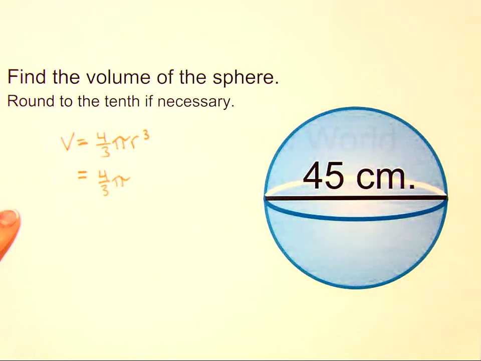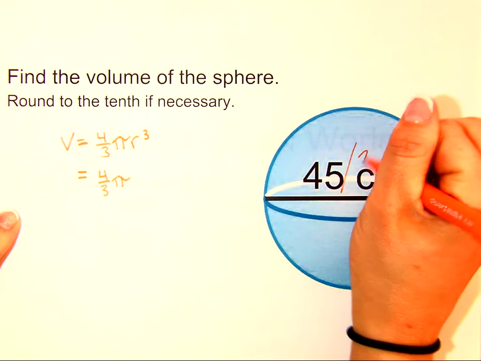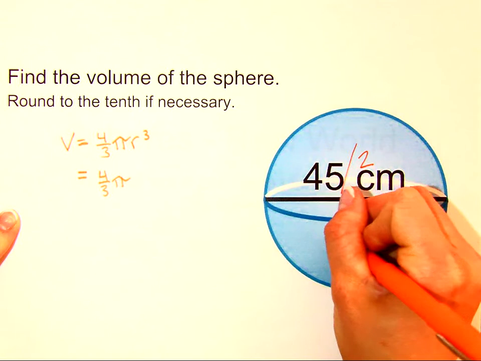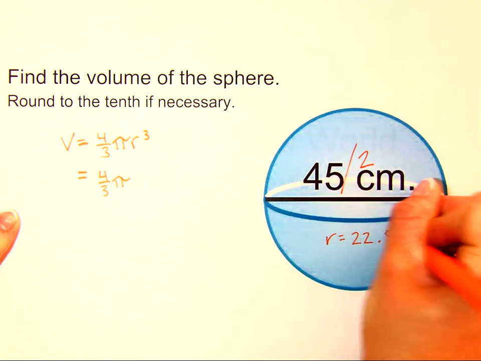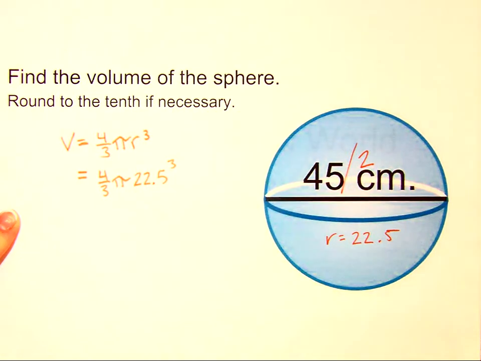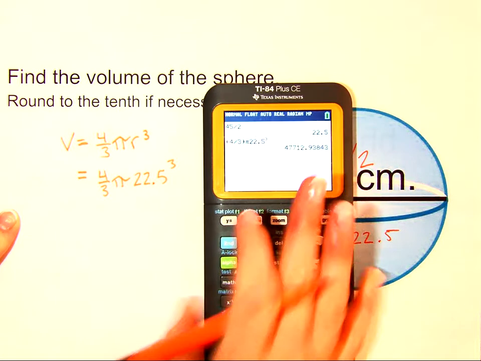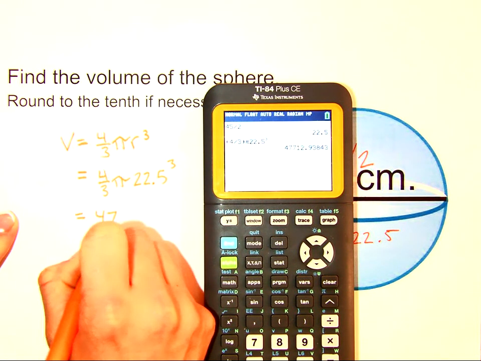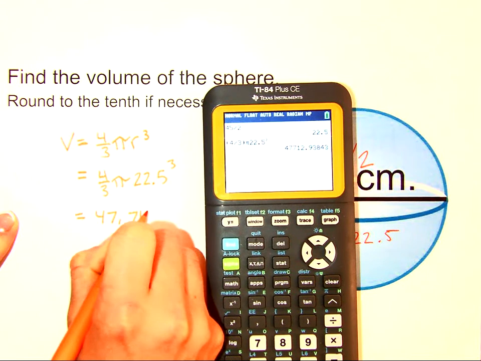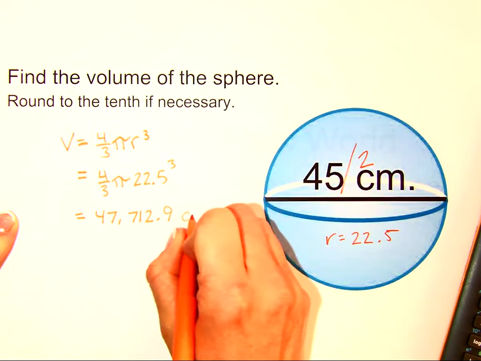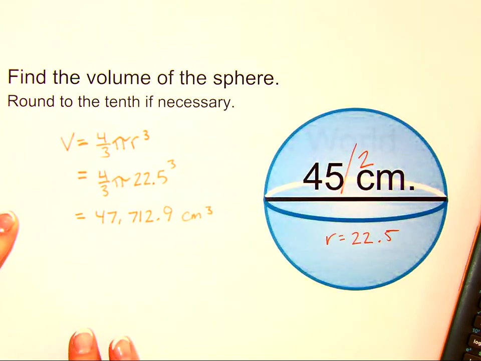So my radius that I have to plug in here, I have to divide this by 2 because 45 is my diameter. So that makes my radius 22.5. So I need to cube 22.5 in my volume equation. You can see I've done both those calculations already, which gives me 47,712.9 cubic centimeters.